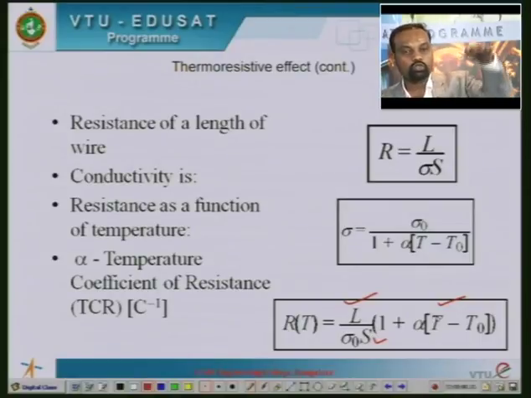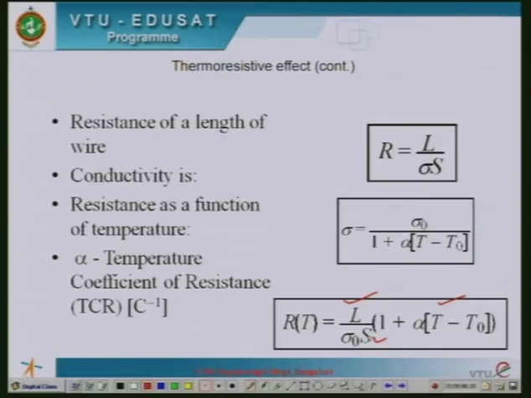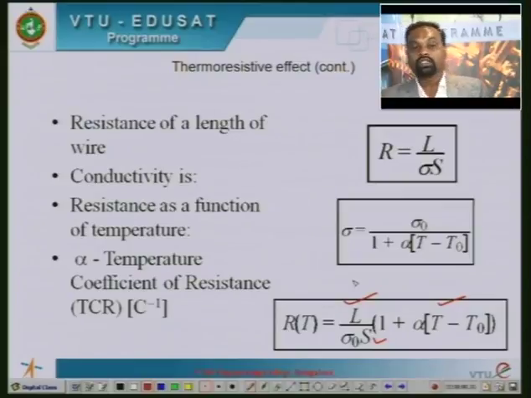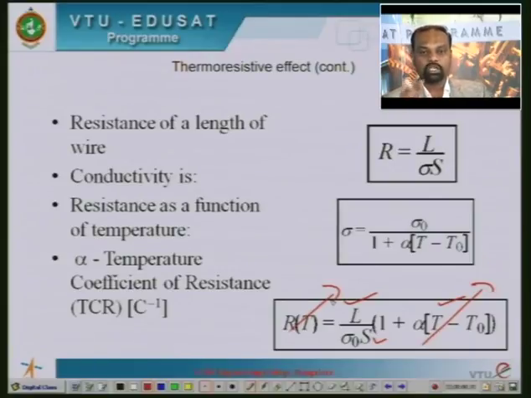If the temperature changes from T naught to T, the change is multiplied by a factor of alpha, added to 1, and then multiplied by the constant L by sigma naught S. So the resistance that we assumed to be constant is now entirely dependent upon temperature. There is a direct relationship between temperature and resistance. As temperature increases, resistance also increases. That is what we call a thermoresistive device.